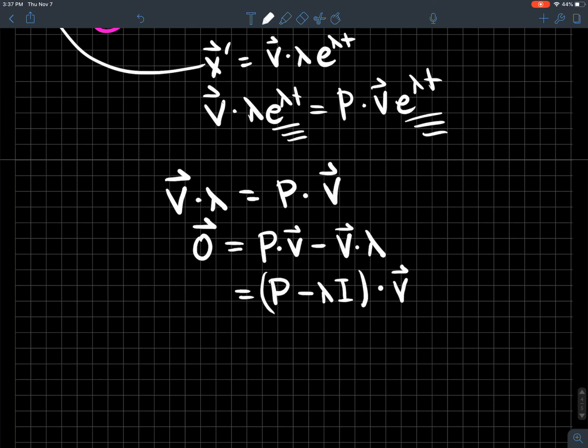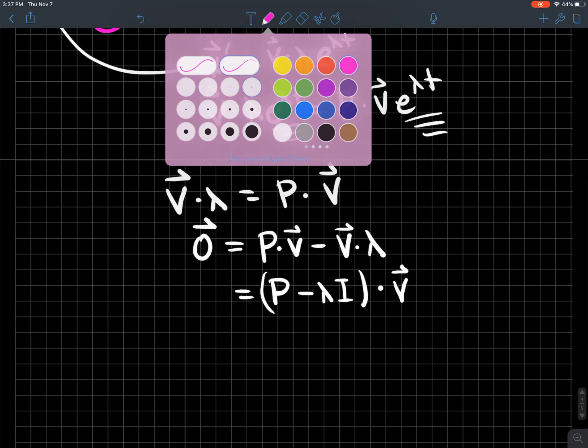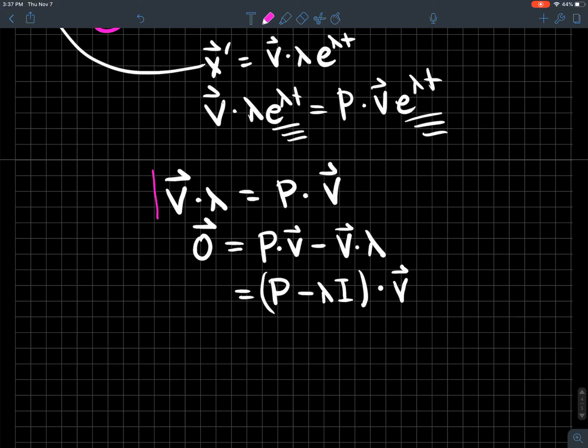This should look familiar. In fact, let me highlight this at the top. When you saw this for the first time, you should have been like, hey, that reminds me of eigenvectors. V is going to be an eigenvector.